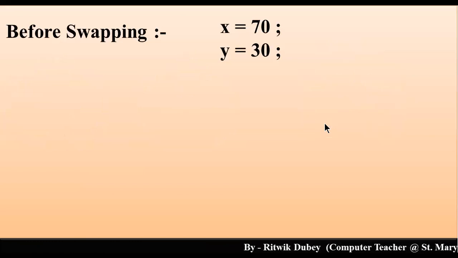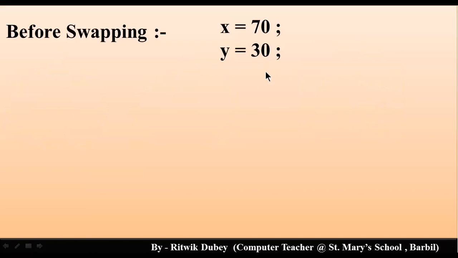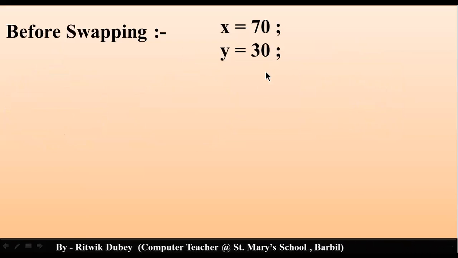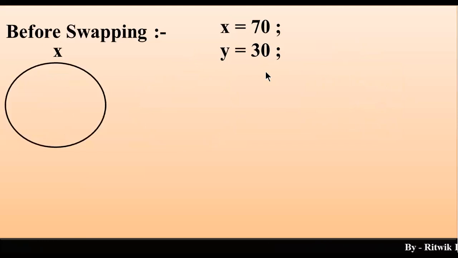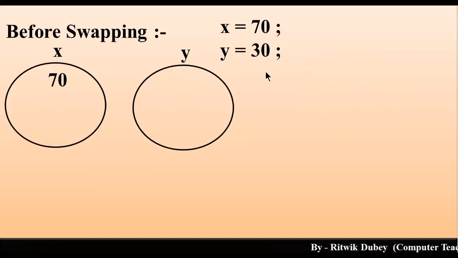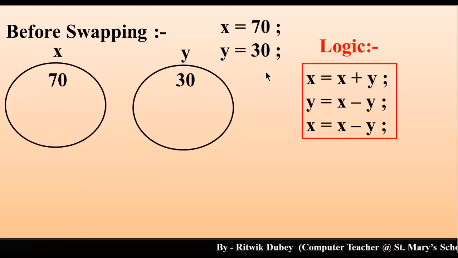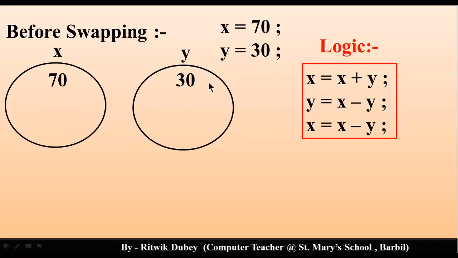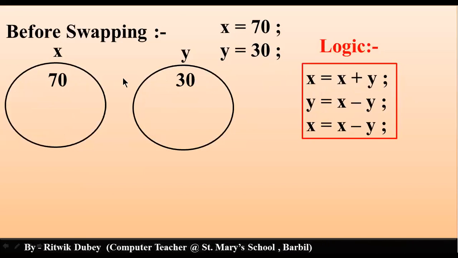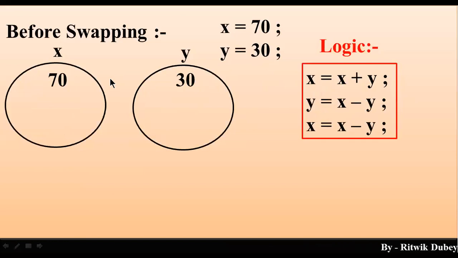Suppose the value of X is 70 and value of Y is 30. Now this is the logic. See, just focus. 70 plus 30 will be 100. Let me store 100 in variable X. So 70 will get replaced by the value 100.